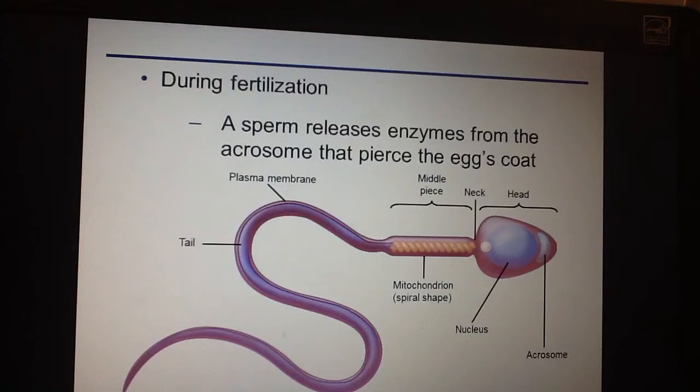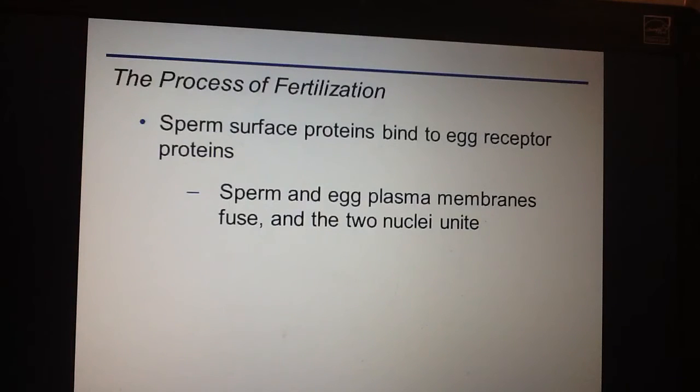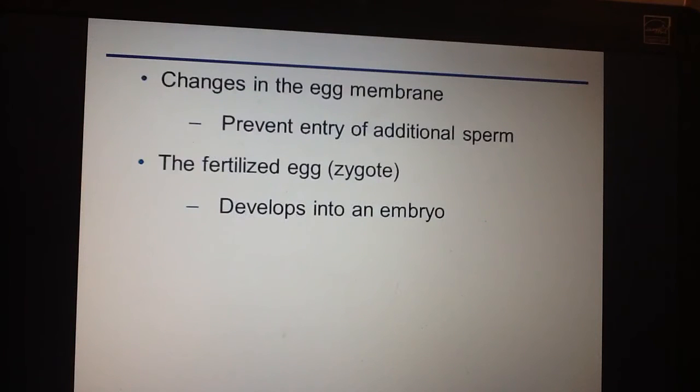There is also something called the acrosome. Now, the acrosome is full of enzymes that can digest and break through the egg's protective coating, allowing fertilization to occur. So once sperm surface proteins, so proteins that are found on the cell membrane of sperm, bind to the egg receptor protein, they will fuse together, causing the two cells to merge, allowing the nuclei to find each other and fertilization to occur.